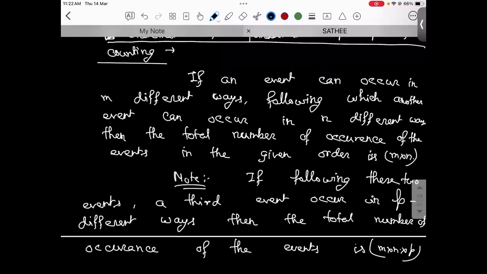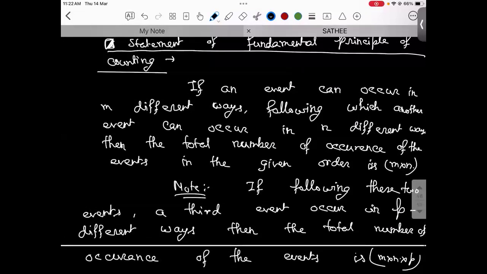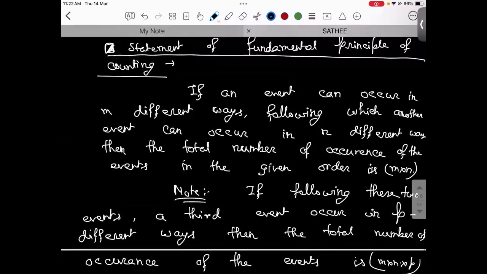Okay. So this is the fundamental principle of counting.